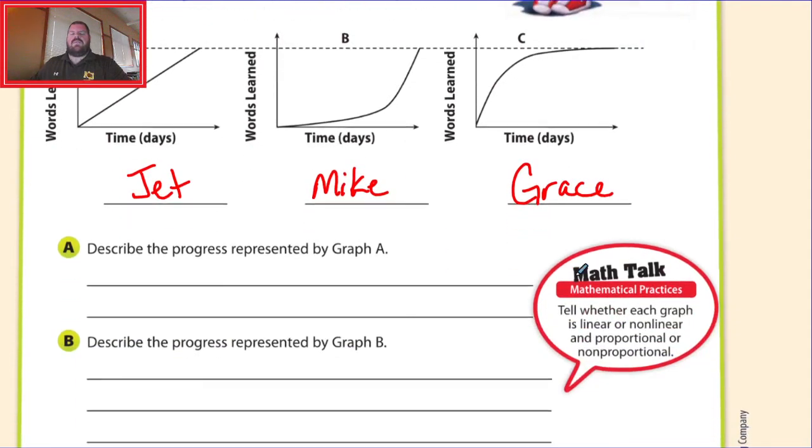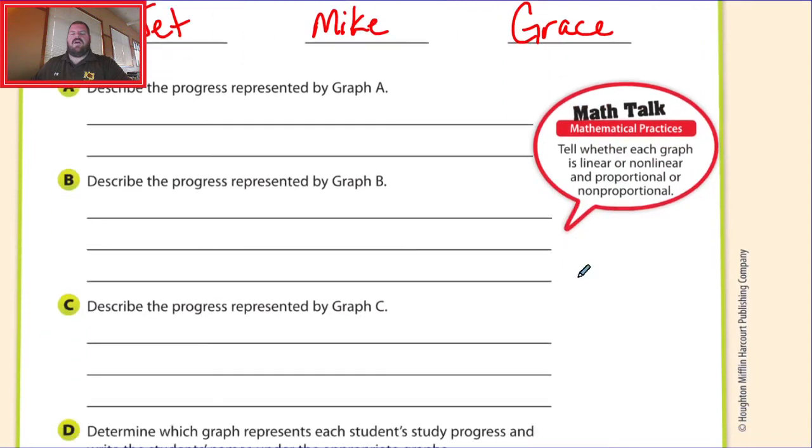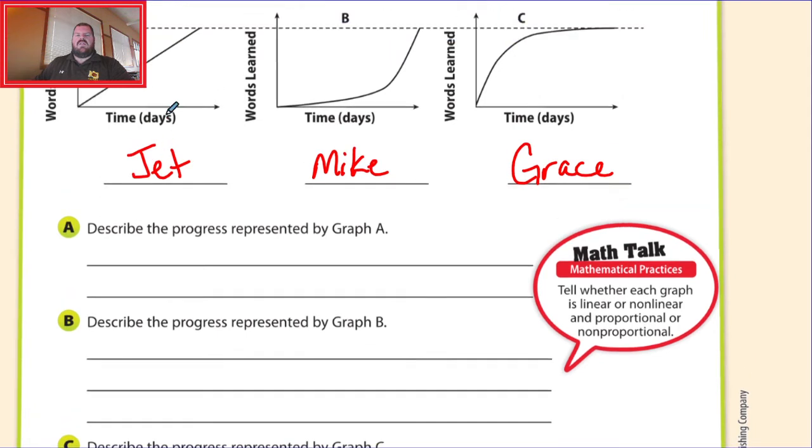It says describe the progress represented by graph A, graph B, and graph C. We would say that graph A was, I guess we need to look at them too. Graph A was a steady increase per day.